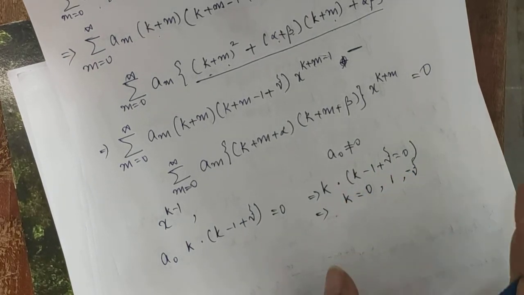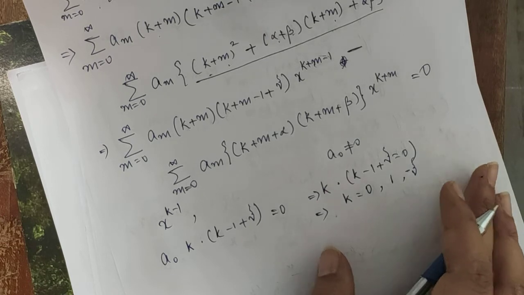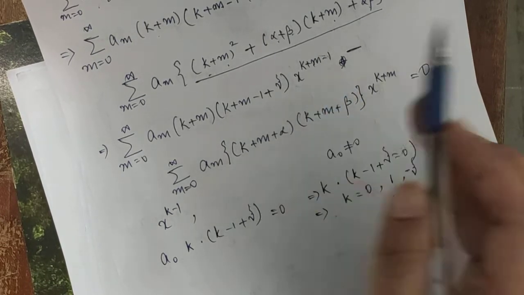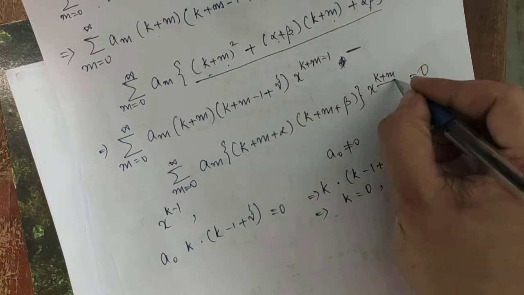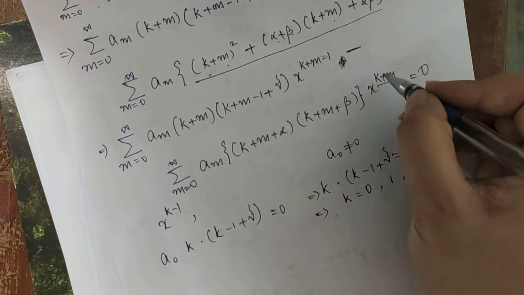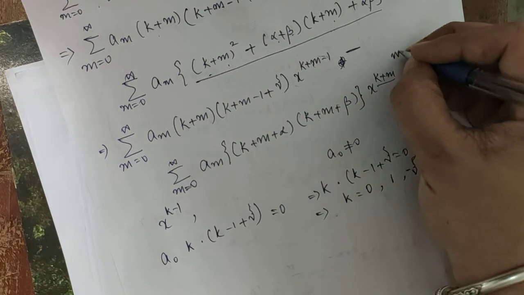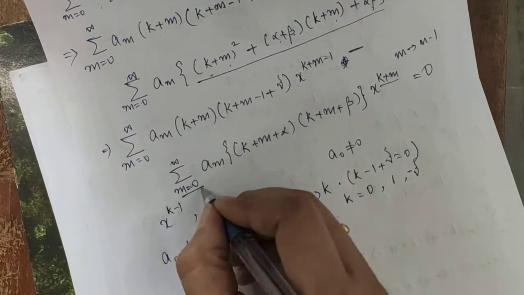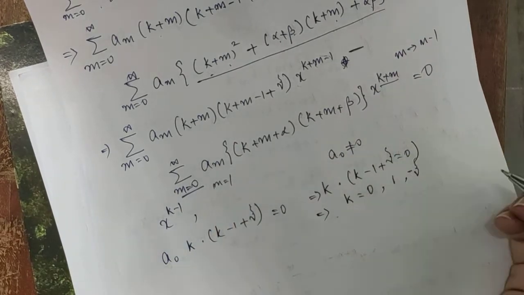So now let's find out the recurrence relation. In order to find the recurrence relation, let's equate x power k plus m minus 1. Here I have x power k plus m. I should make this as m minus 1. That means I should replace m by m minus 1. Here your m will start from 1 now, right?